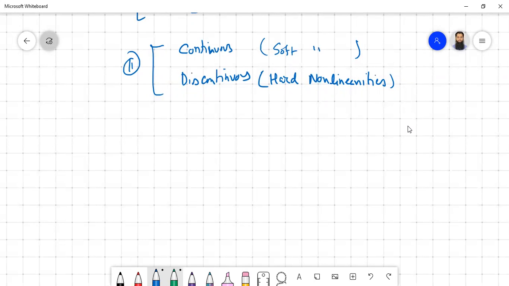The first one is superposition. That means the sum of the separate inputs will give the sum of the corresponding outputs. Also, the homogeneity rule says that if you multiply the input by a constant, then the output will also be multiplied by the same constant.